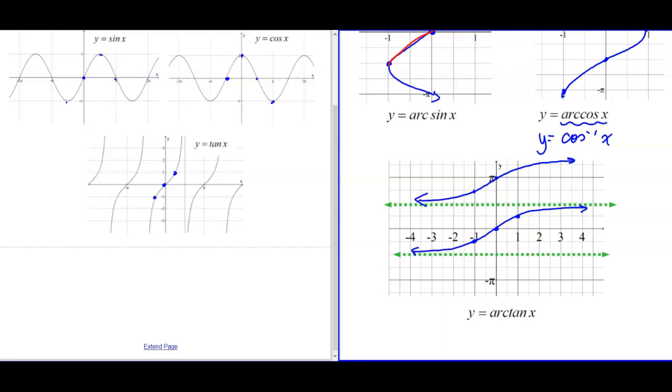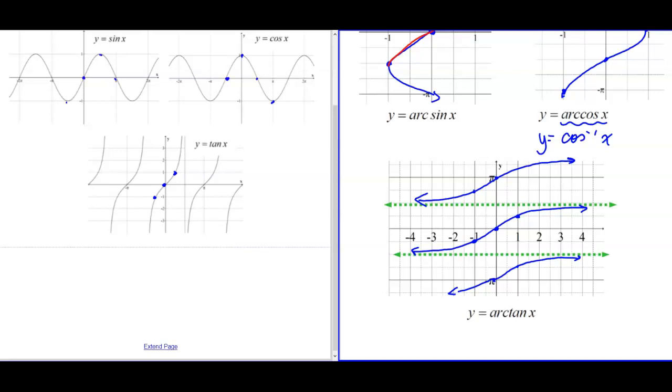That is still part of the graph, and there's one down here. Each separate cycle is a function, but overall, the whole thing isn't. So we limit it to this. x can be any real number, but y is going to be between negative pi over 2 and positive pi over 2 to keep one cycle of it.